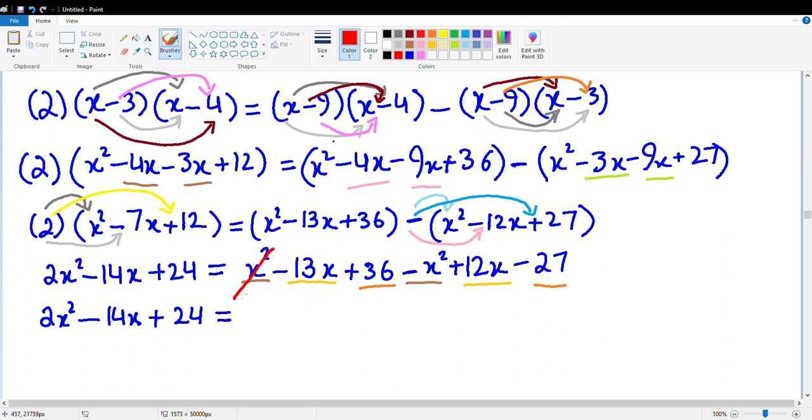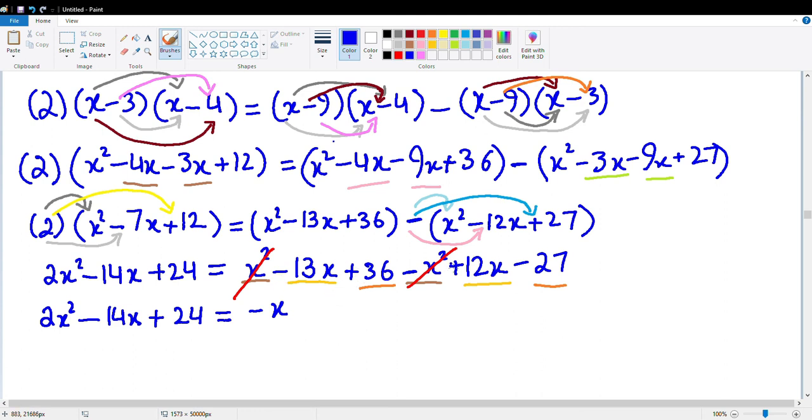So x squared and minus x squared, they just cross out, they're gone. And minus 13x plus 12x, we can simplify into minus x, right? There's only one x, minus 13 plus 12, we get 1, right? So minus x, because minus 13 is the bigger one in coefficient and magnitude, and its sign is negative, so that's why.